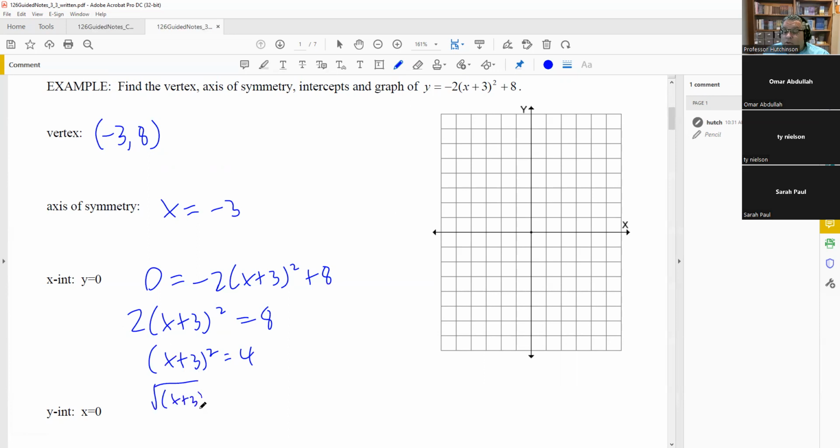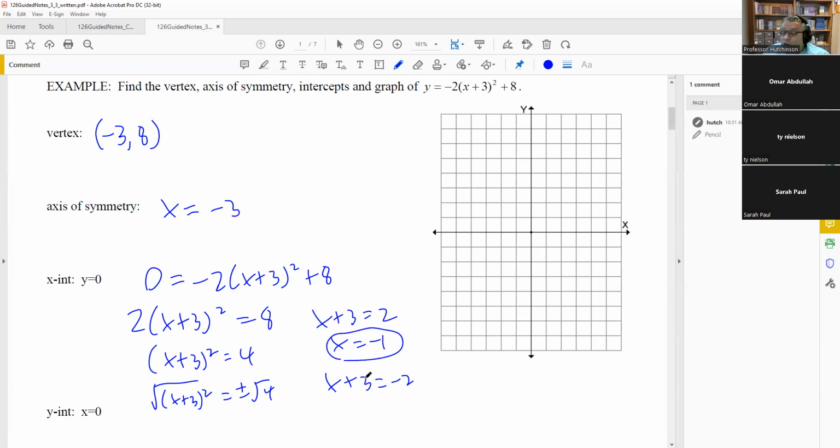So I'll do the square root of (x plus 3) squared. Remember that when you take the square root, you have to do the plus or minus. So we're going to do plus or minus the square root of 4. That turns into two separate equations: x plus 3 equals 2, and x plus 3 equals negative 2. If you subtract the 3 from both sides, you get negative 1, which is the first intercept.